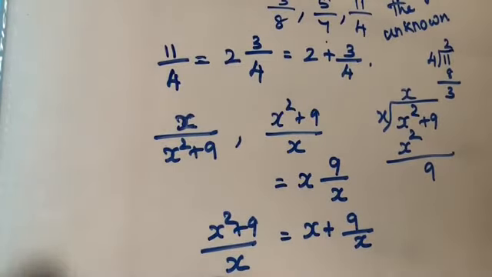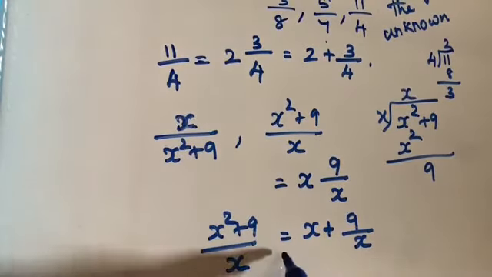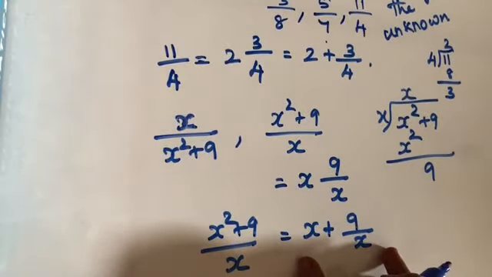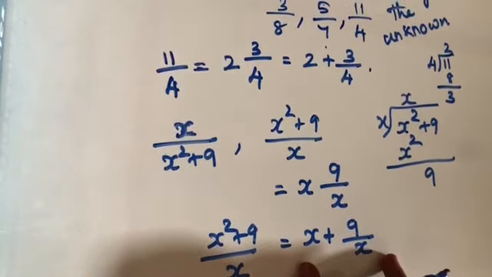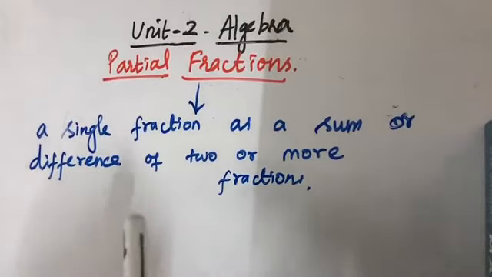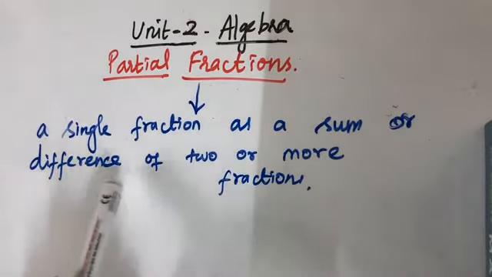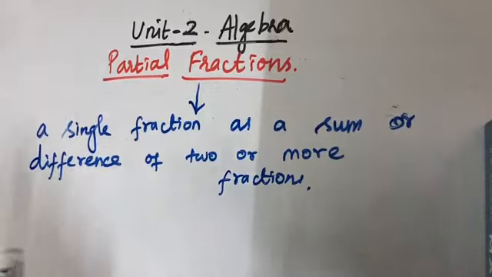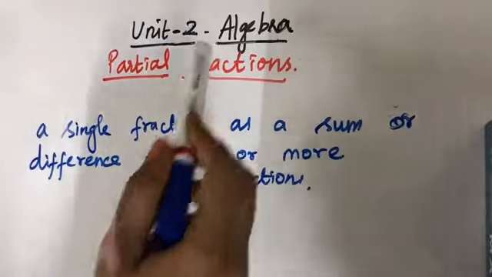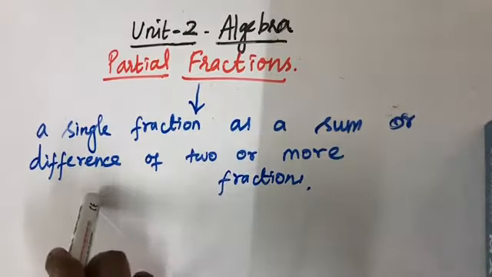It is a simple fraction. The expression is very simple and it is very easy for me to divide it into two fractions. But we are going to use a few rules to find the partial fractions. Partial fractions are splitting up a single fraction as a sum or difference of two or more fractions.